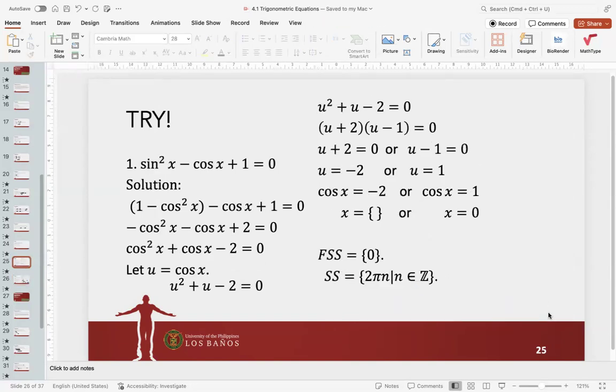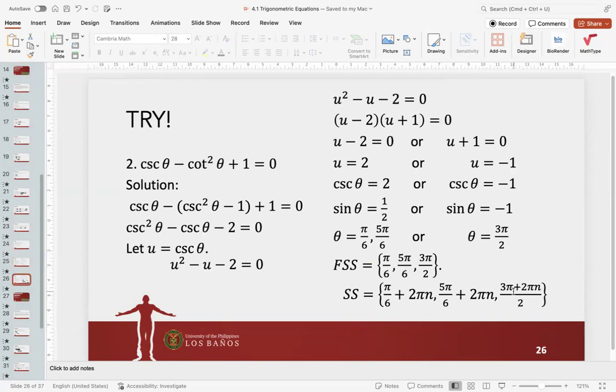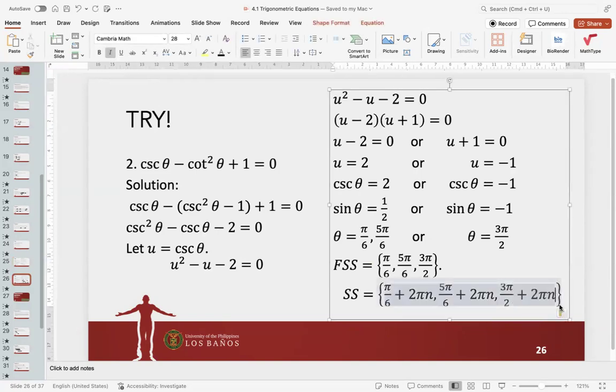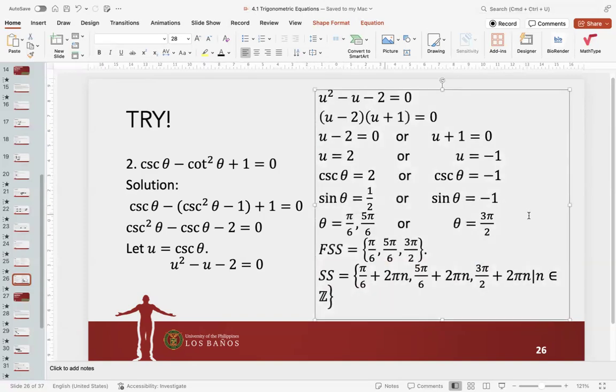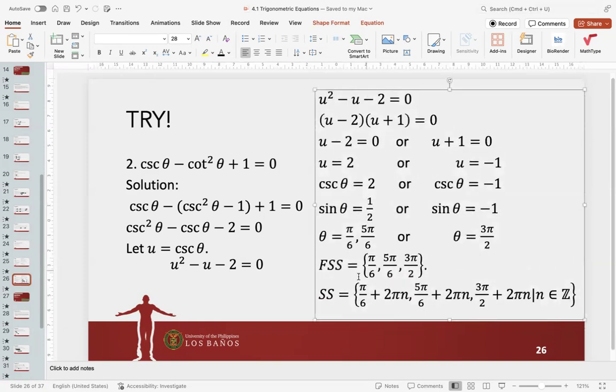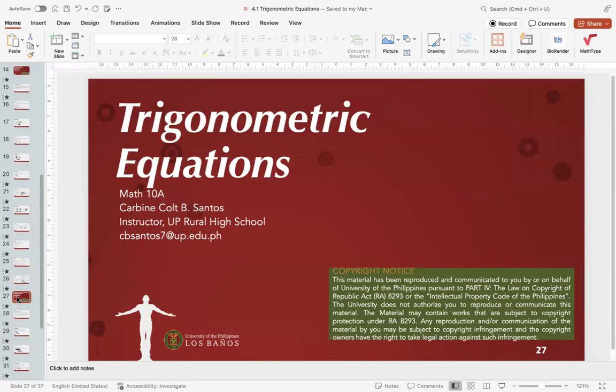And then we just do not forget the condition that n is an integer. So let's just make it smaller so it will fit. There. Okay? So that's the full solution for your try exercises. So on the next video, we will talk about the third solving tip for trigonometric equations.